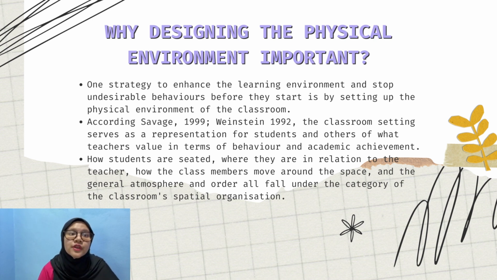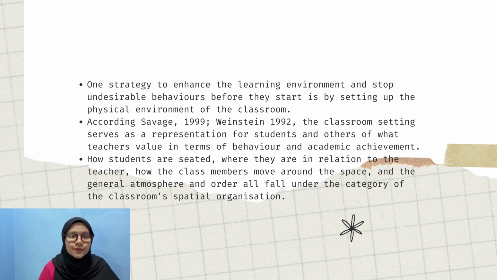Next, how students are seated, where they are in relation to the teacher, how the class members move around the space, and the general atmosphere all fall under the category of the classroom's spatial organization. The research on classroom environment suggests that classrooms should be organized to accommodate a variety of activities throughout the day and to meet the teacher's instructional goals.